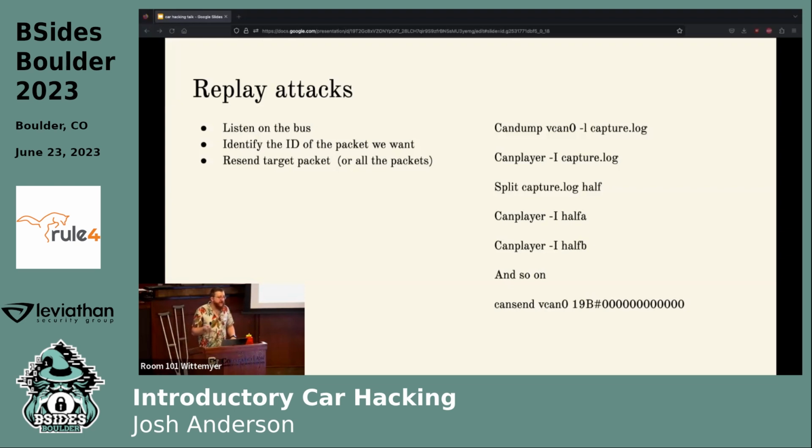Whichever of those halves, half A or half B, unlocks your car doors, you go there and you do that again. You split it again. And then you just keep narrowing down your packet capture until you have a single frame that you can send manually with the cansend command. And now you know what frame is being listened for on the bus that will generate the action you're looking for. Your door is unlocking.